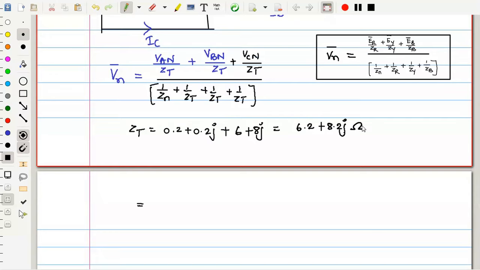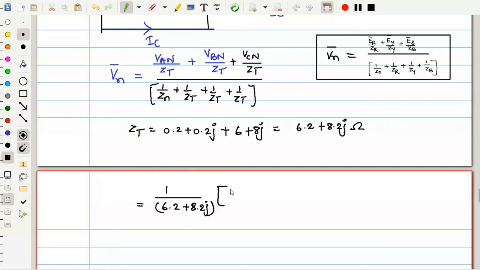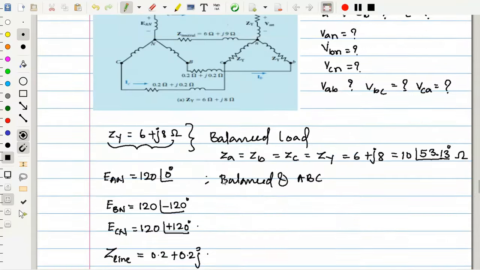I got ZT now. So now VAN, that is 1 by ZT I'll write. So I'll write like this: 1 by 6.2 plus 8.2j into VAN. How much is the VAN? 120, right?